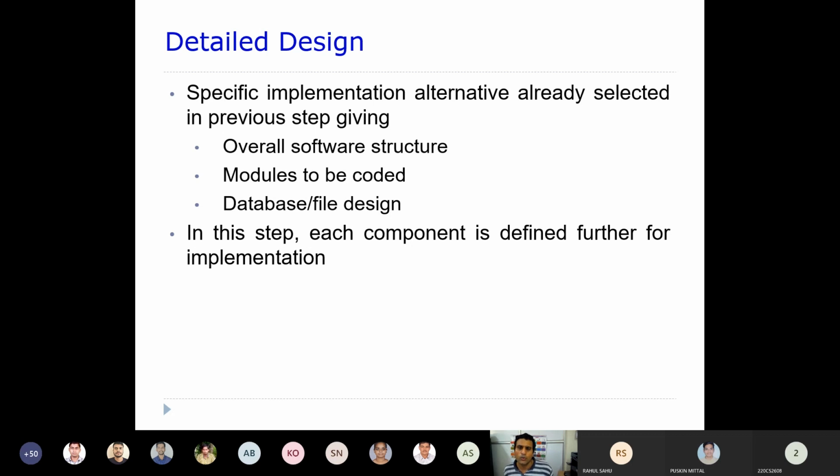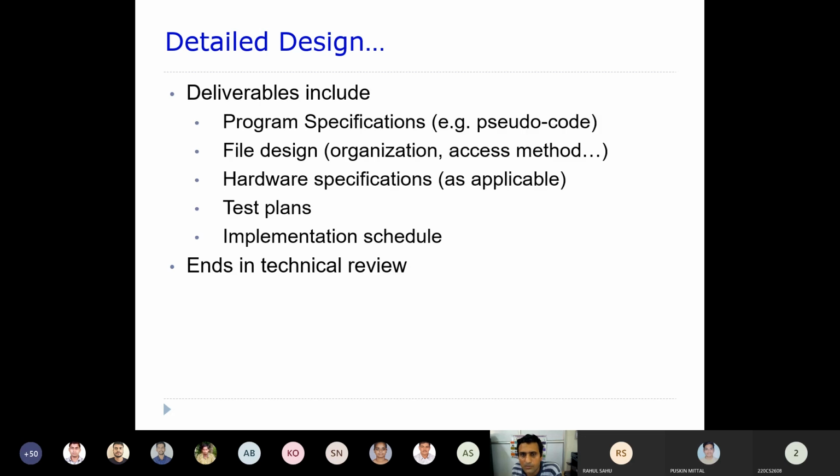That means what data structure you need to use, what algorithm you need to use, what database you need to use, what programming language you need to use. Everything will be mentioned out here, part of detailed design. The programmer goes directly into each and every component, and that will be converted into a piece of code. That is the reason each component is defined further for implementation.